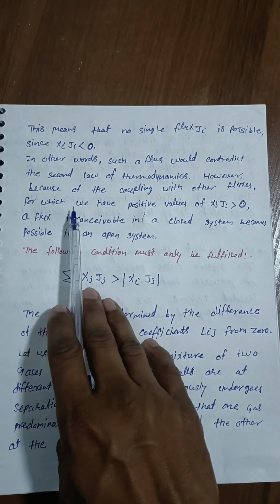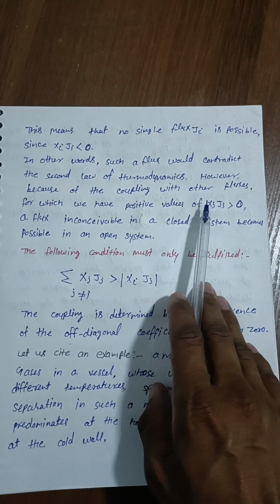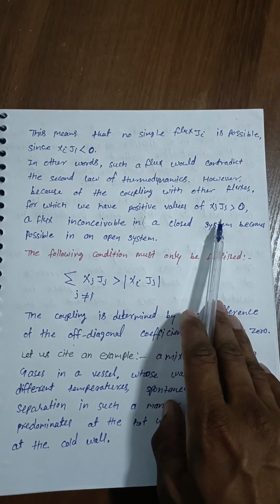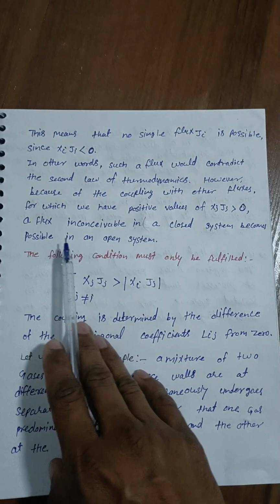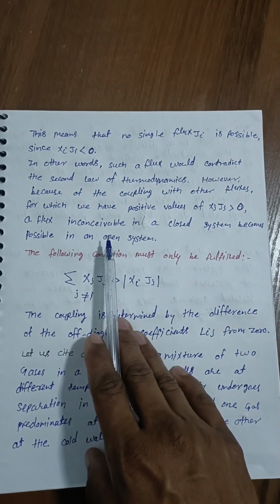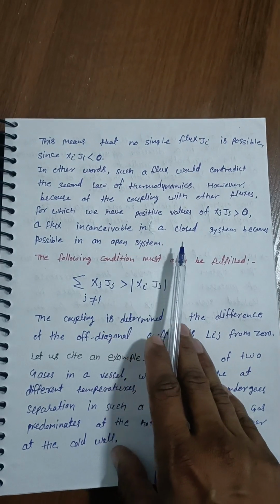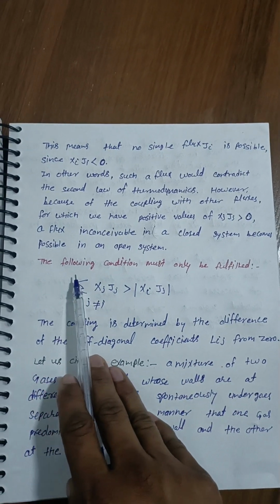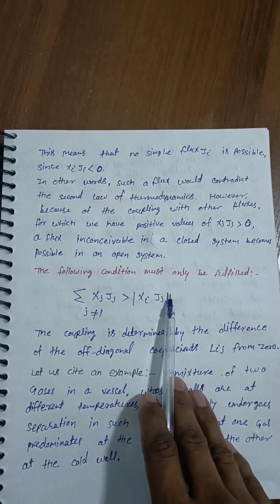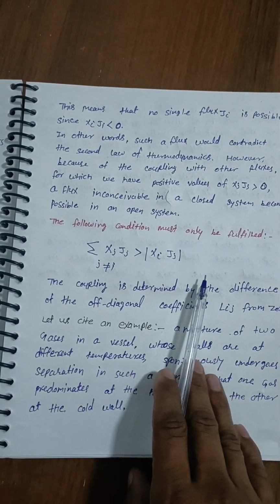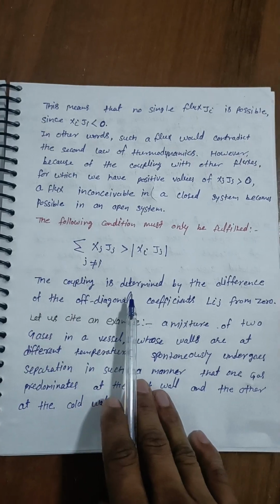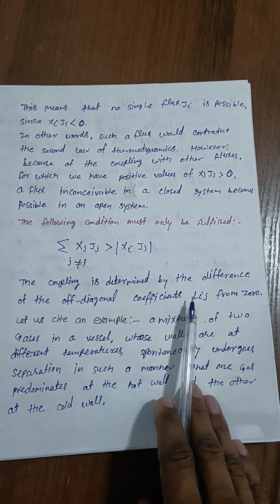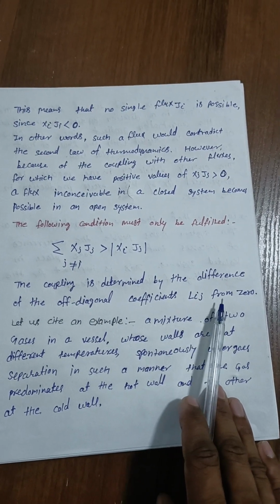However, because of the coupling with the other fluxes for which we have positive values of Xj Jj, a flux inconceivable in a closed system becomes possible in an open system. The following condition must only be fulfilled. This is the formula. The coupling is determined by the difference of the off-diagonal coefficient Lij from 0.